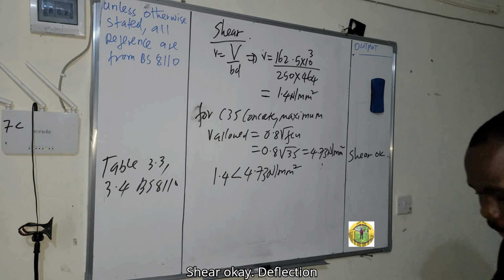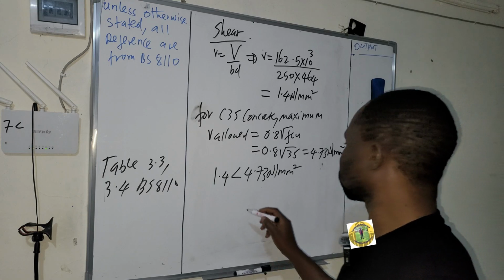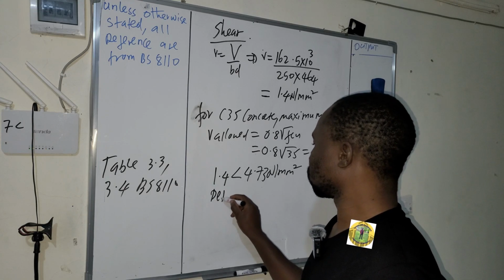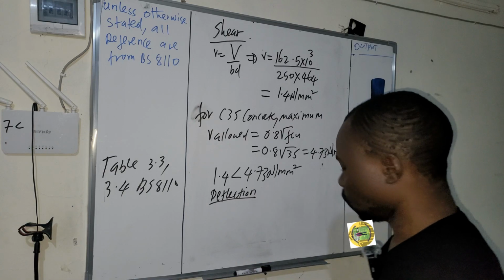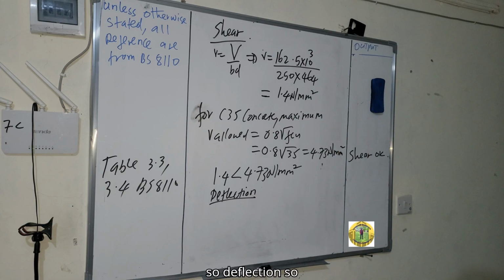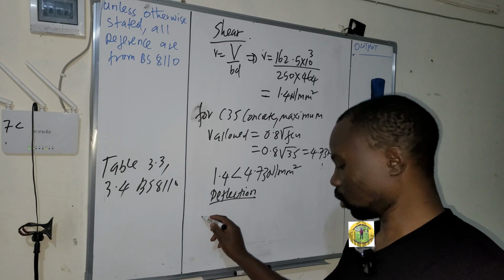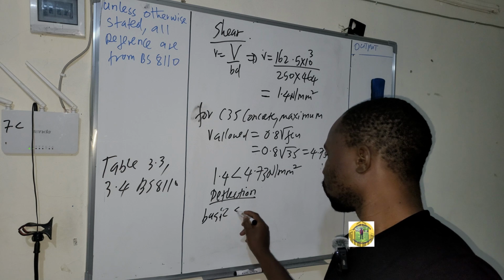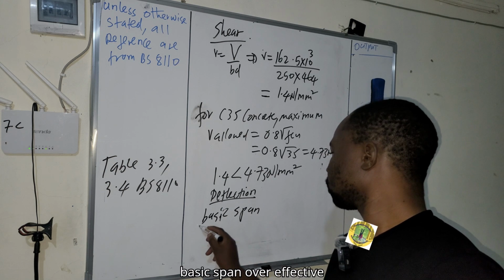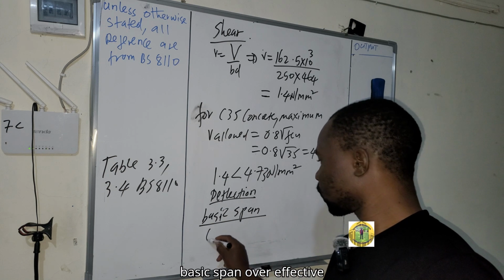Shear okay. Deflection. So deflection is equal to basic span over effective depth.